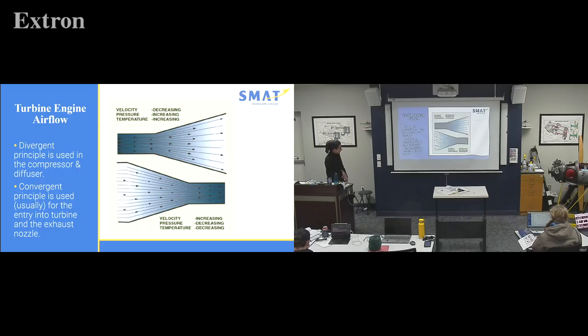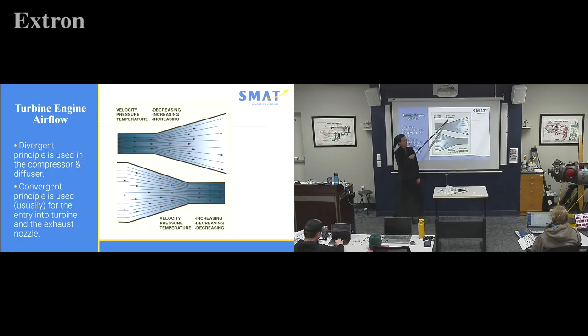So, we already talked about what kind of duct this is. Diverging. And what kind of duct is this? Converging. So, velocity is doing what? Decreasing. Pressure is doing what here? Increasing.